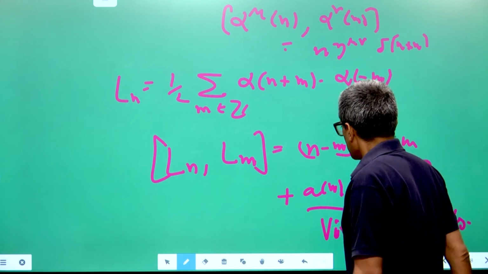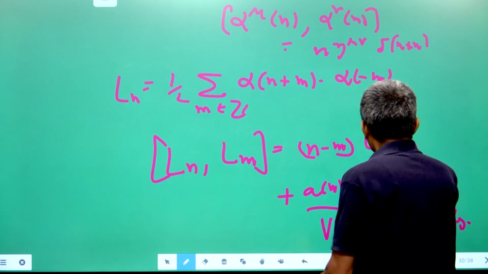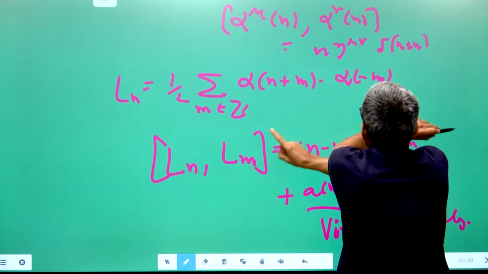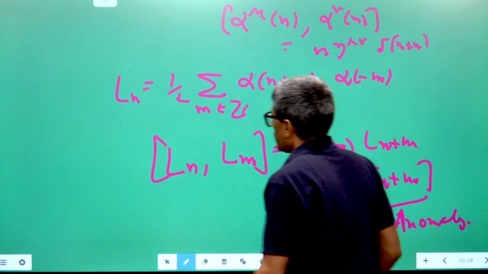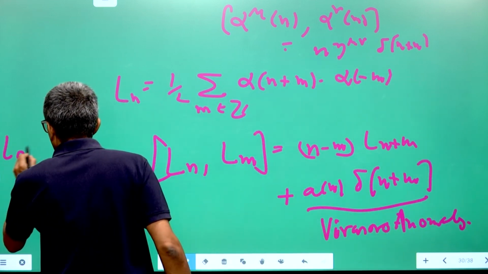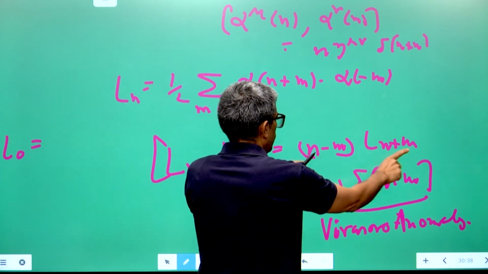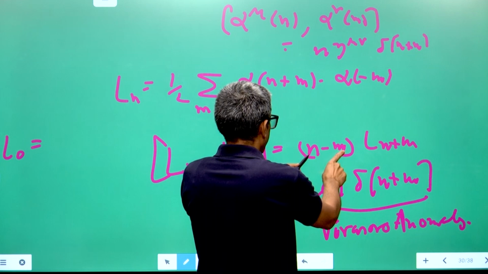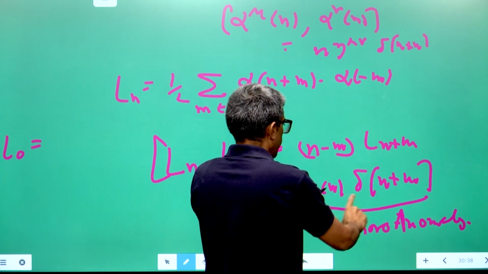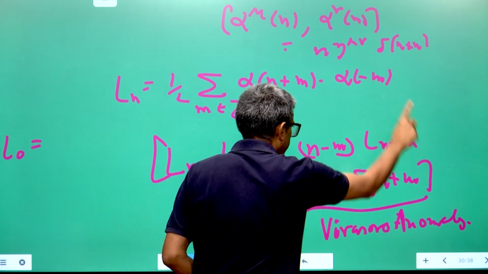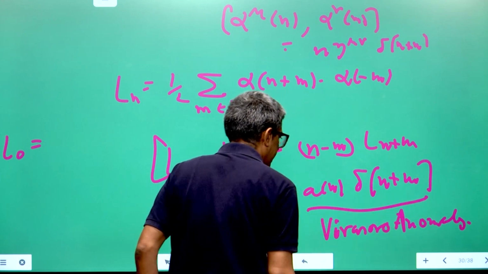You get L0, which is the Hamiltonian, but to describe L0 you can choose any order. If you put n equal to minus m you get n minus m into ln plus m, so it becomes 2n into L0 plus something, but L0 is ambiguously defined. So you have to add a normal order correction term here.